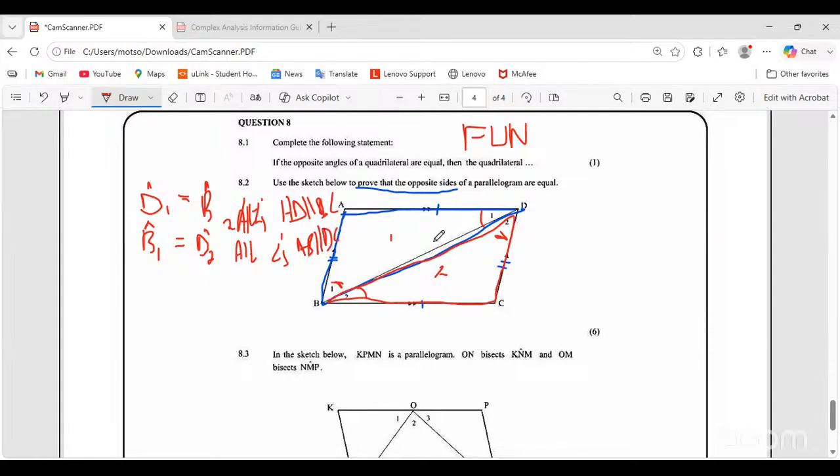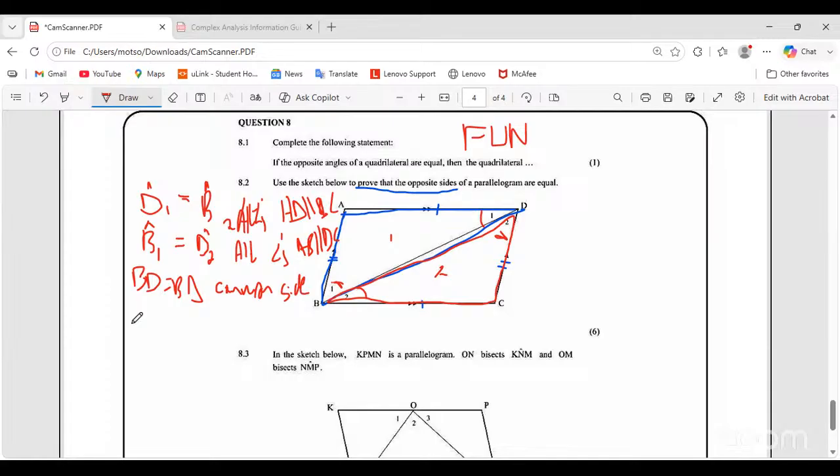Okay, now I'm gonna go for BD is equal to BD. We have a BD on the blue triangle, we also have BD on the red triangle. Now I'll say BD is equal to BD. Why? Because BD is a common side on those two triangles. It's a common side.